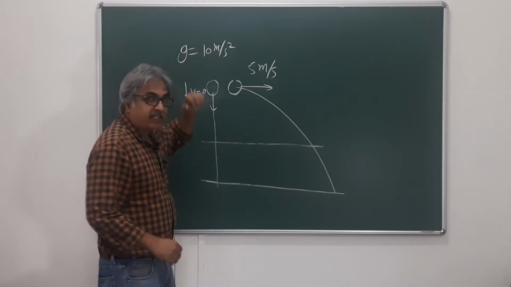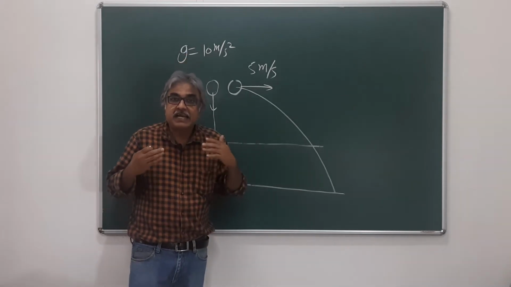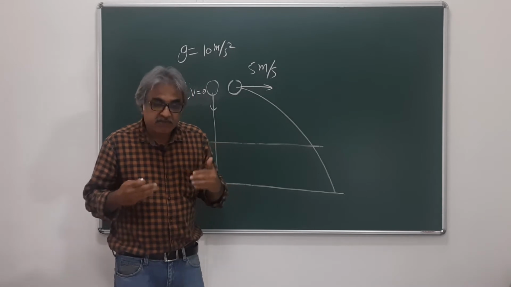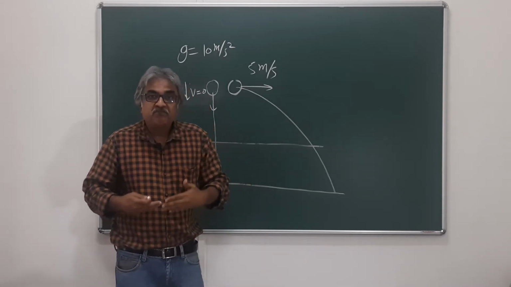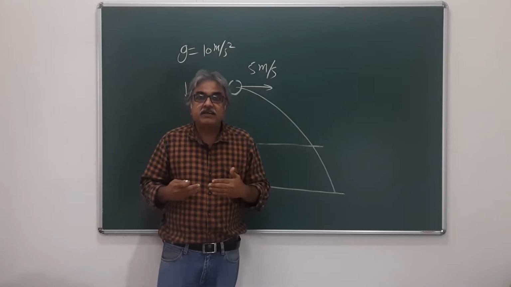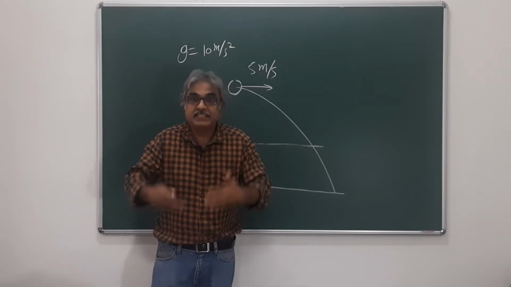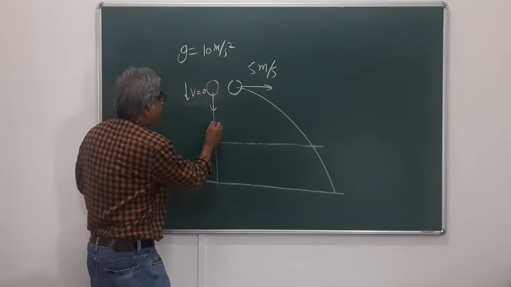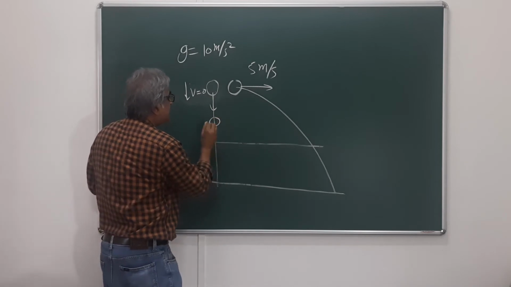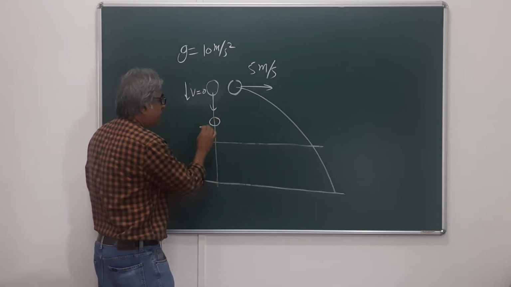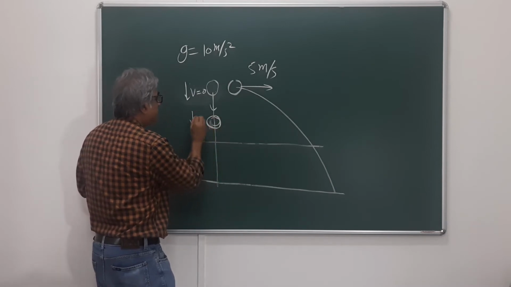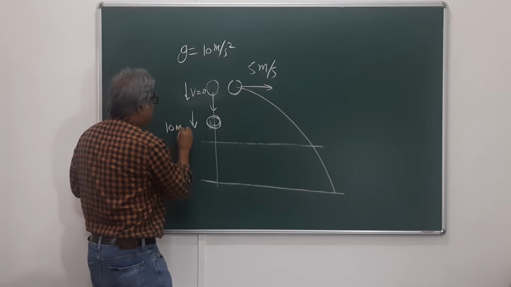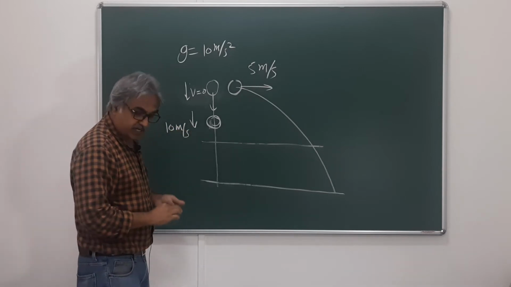Because the acceleration due to gravity is 10 meters per second square, the velocity of the ball as it is falling down will increase by 10 meters per second every second. So after 1 second, suppose the ball is here, its downward velocity will be 10 meters per second.